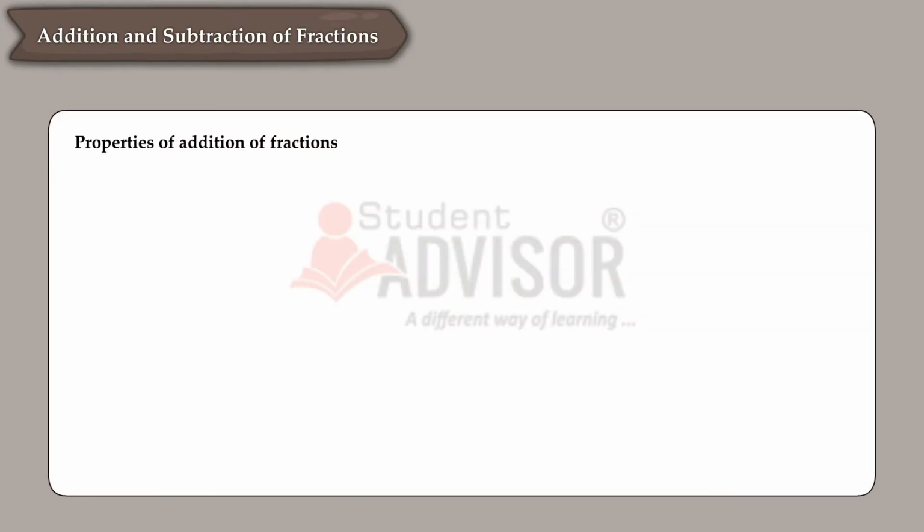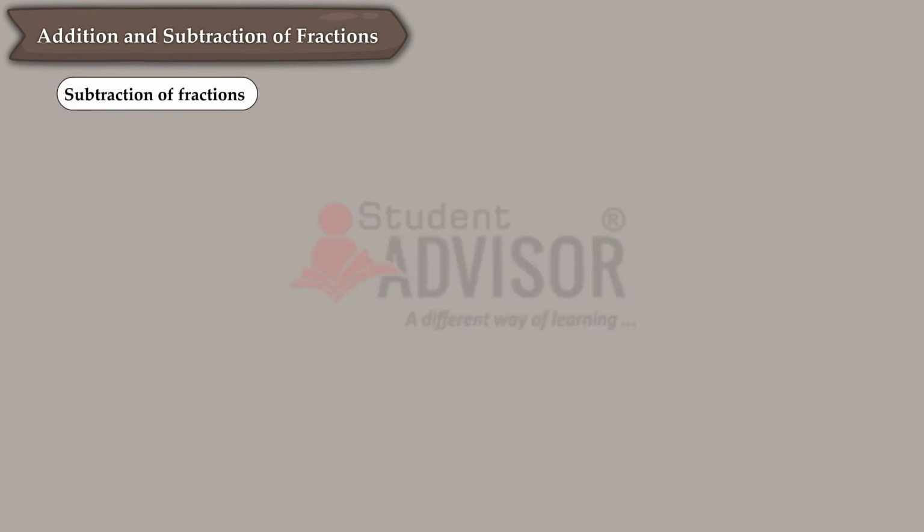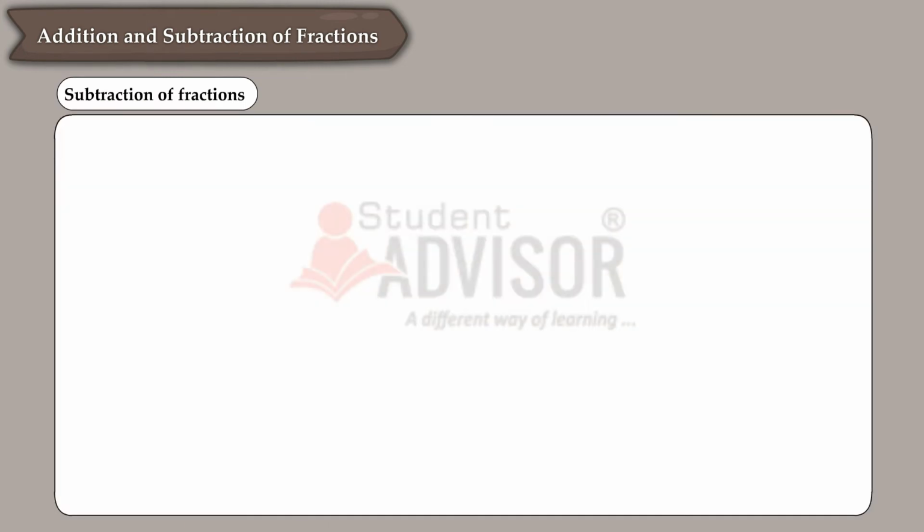Properties of addition of fractions. First, addition of fractions is commutative, that is, second, addition of fractions is associative, that is, subtraction of fractions. Rule 1.